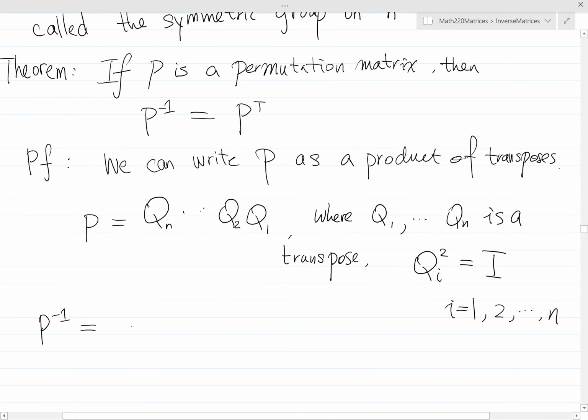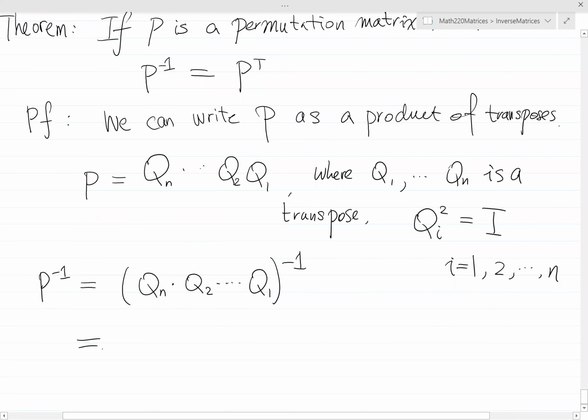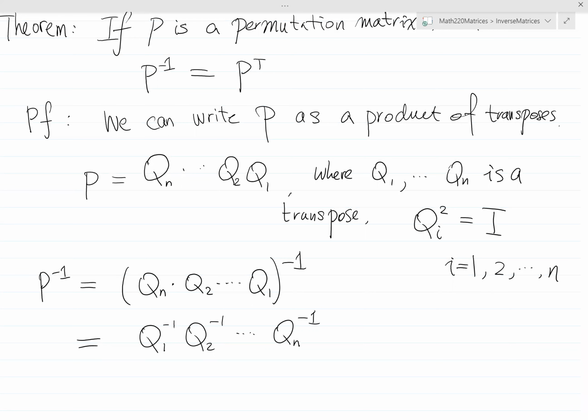P inverse. Now when you do inverse, you need to be careful. You need to flip the order. So this will be Q1 inverse, Q2 inverse, and then Qn inverse. You can multiply P with this P inverse and use the associative law to show that this is exactly identity.